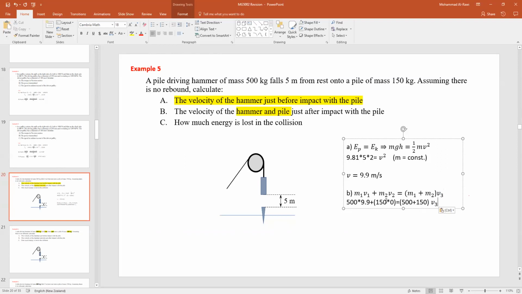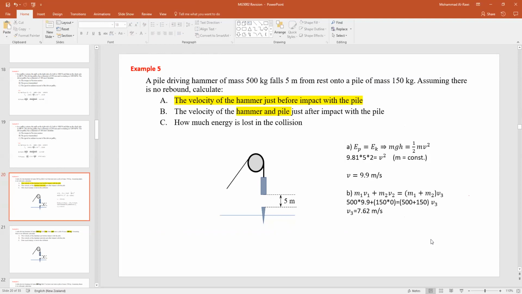Now that part here will end up as 0, because 150 times 0, anything multiplied by 0 is equal to 0. Therefore, after rearranging this equation, the right number is 7.62 meters per second. And that's the right answer for this velocity.